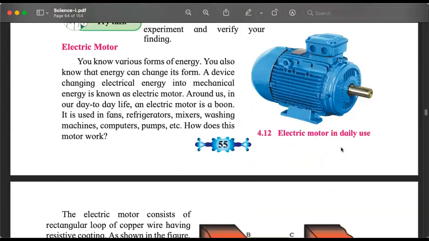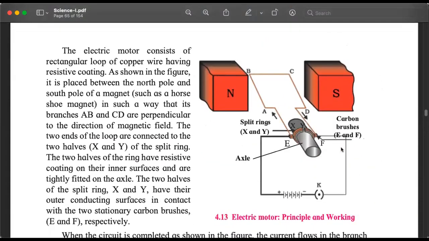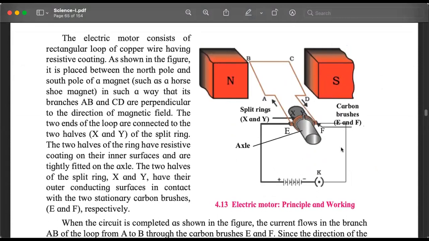Using this principle, we understood how motors are constructed, how they work. And combining with today's class, we know how we can make both a DC motor as well as an AC motor. The motors that we use at our homes are AC motors, not DC motors.